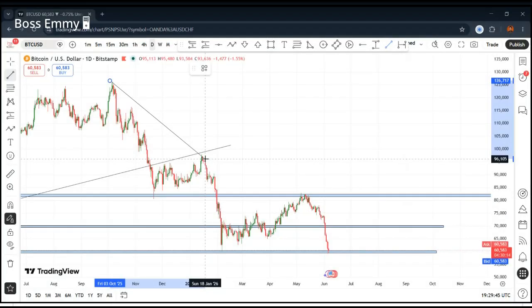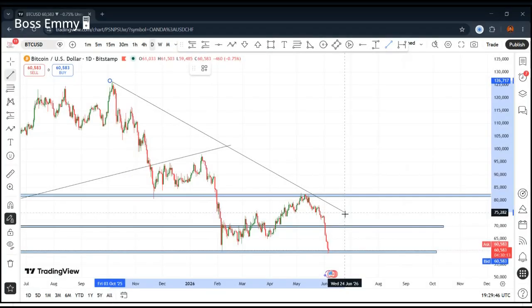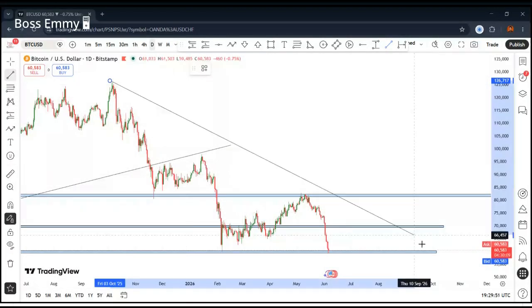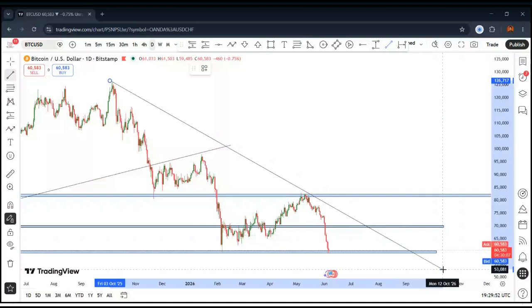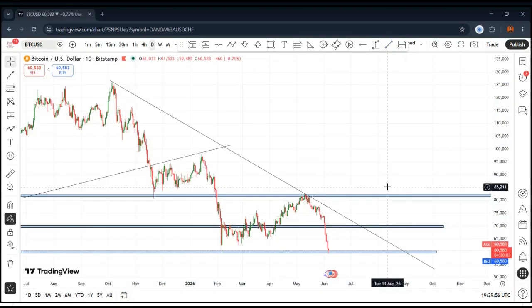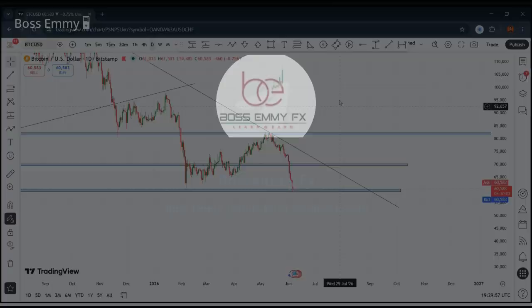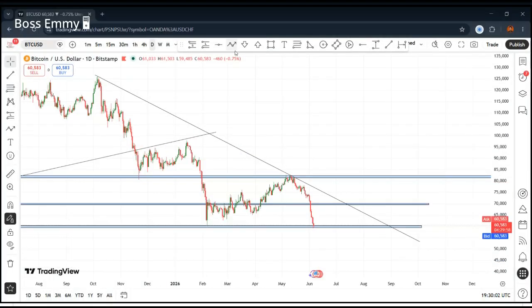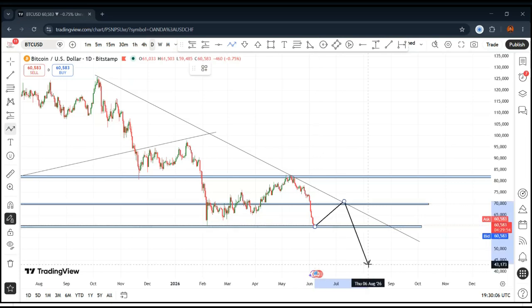Because it didn't react to this, I can say this trend line is not yet valid, unless the market comes to this point and pulls back. For now, it's an invalid trend line.